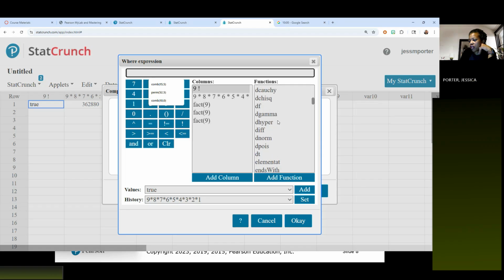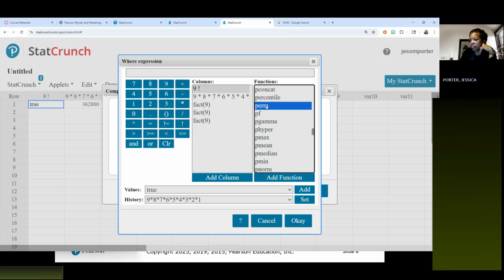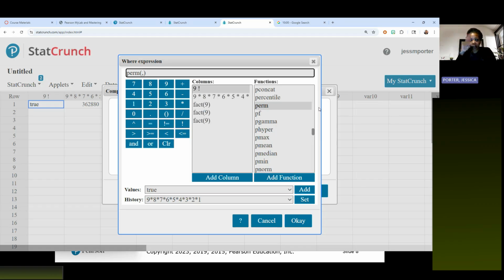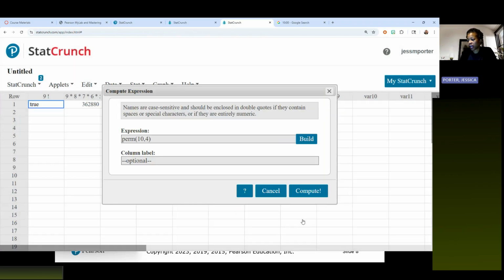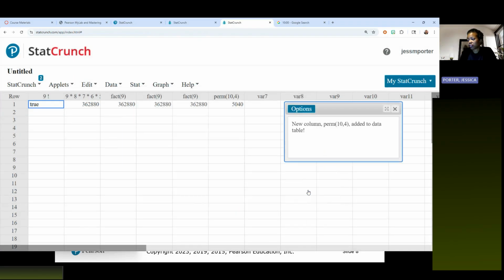Perm, for permutation. Look for perm, and it's going to pop up parentheses with a comma in the middle. N is going to be the first number you enter, and R is going to be the second number you enter. So perm for permutation, 10 and 4. So okay, and compute. Notice it puts it in this other column for me.